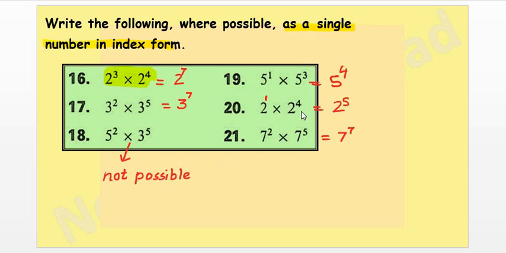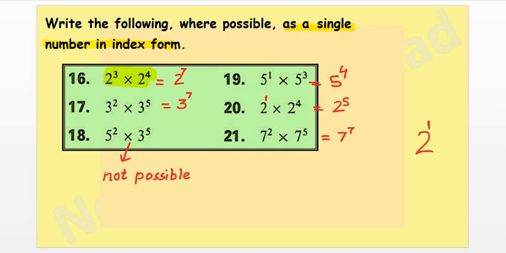Now some of the girls think, how will they get the answer when no index is written on the base? That means its exponent, or its power, is 1. So here nothing was written, so you can write 1 for yourself. So it will become 4 plus 1, the base will remain 2, and the power will become 5.